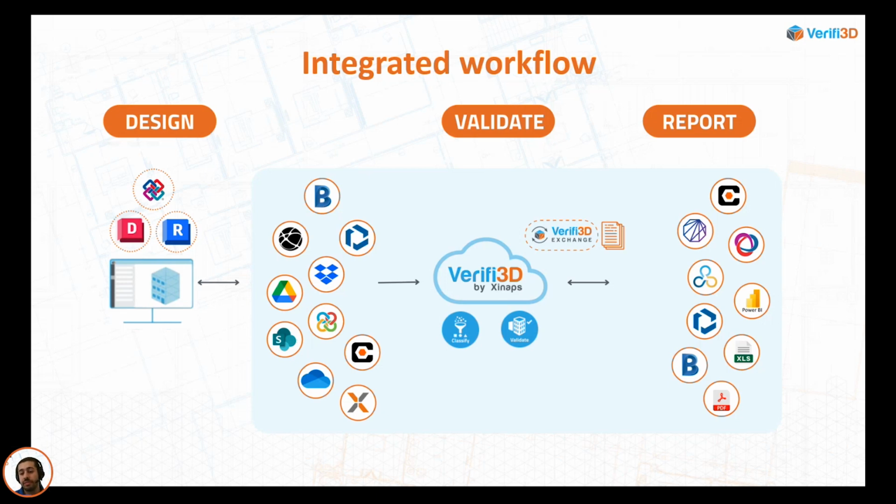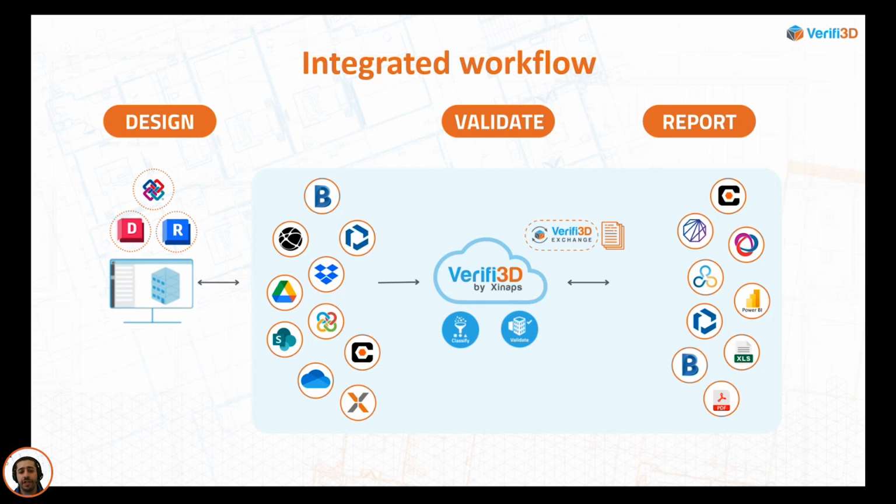All these are seamlessly integrated with Verified, which allows the user to pull the data from these CDEs, check the models and the elements within Verified, and then report it to an issue tracking system using the different issue tracking systems that we offer.